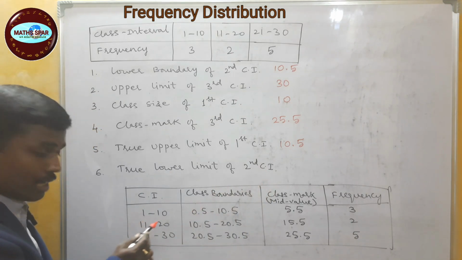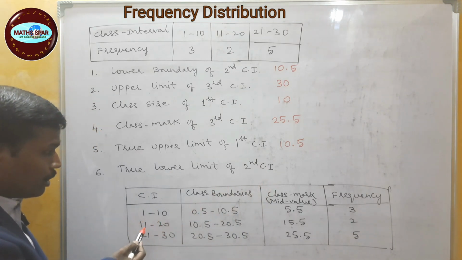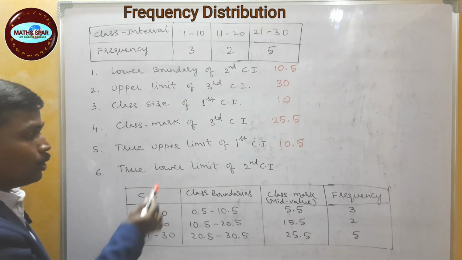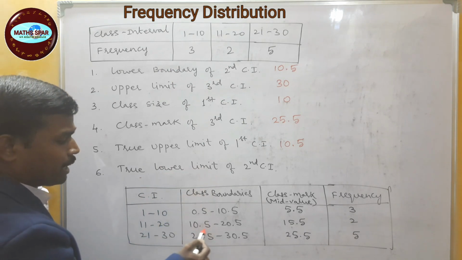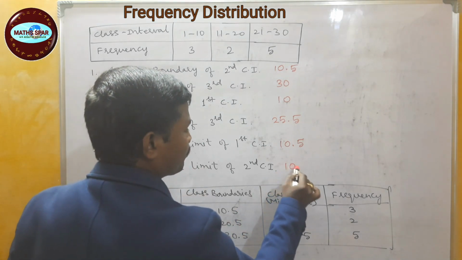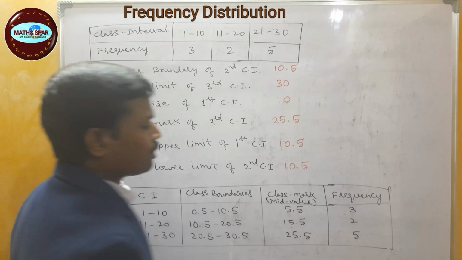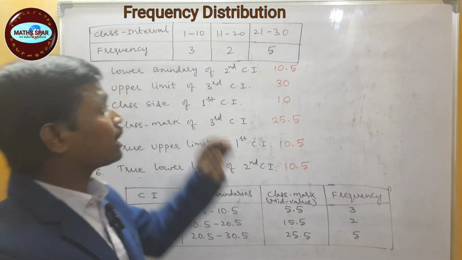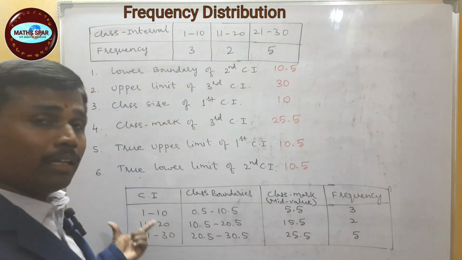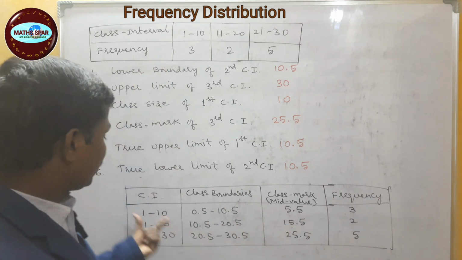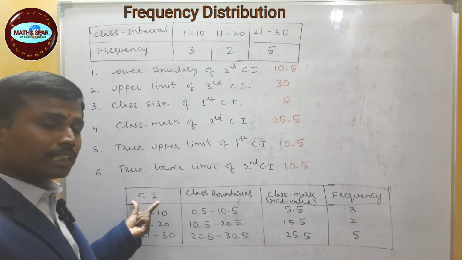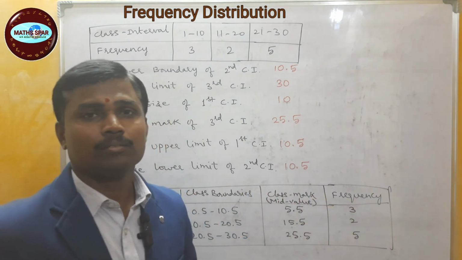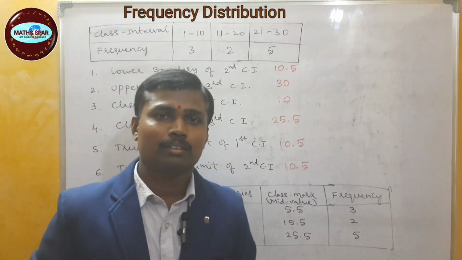The second class interval is 11 to 20, where 11 is the lower limit, but the true lower limit is 10.5. This is how we answer a given question by writing the different specifications: class interval, class boundaries, class mark and frequency. Thank you.